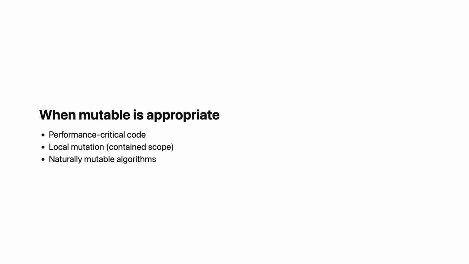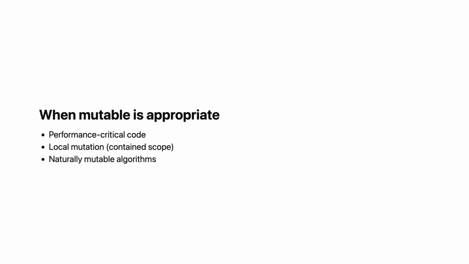Despite its problems, mutable data has its place. Performance-critical code sometimes needs mutation. Building up a large structure piece by piece is faster with mutation than with many copies. Local mutation is often fine. If data is created, mutated, and used all within one function and never escapes, the risks are contained.